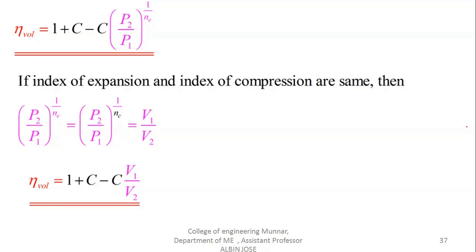And we can conclude from this derivation the general expression for the volumetric efficiency of a reciprocating compressor is equal to 1 plus C minus C into P2 by P1, all raised to 1 by Ne, where C is the clearance ratio, that is Vc by Vs, P2 is the discharge pressure, P1 is the suction pressure, and Ne is the polytropic index of the re-expansion process.